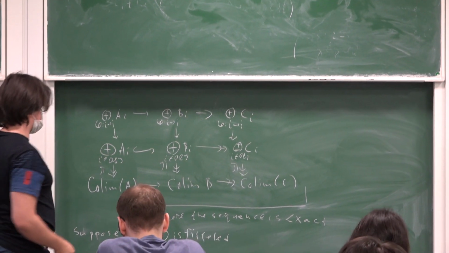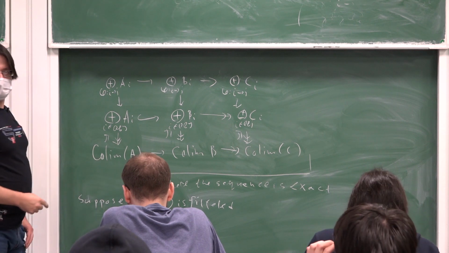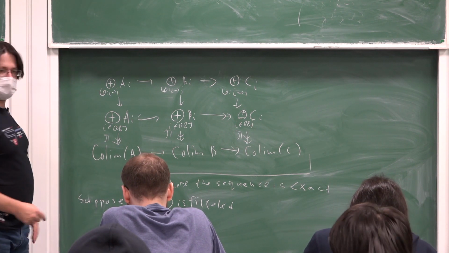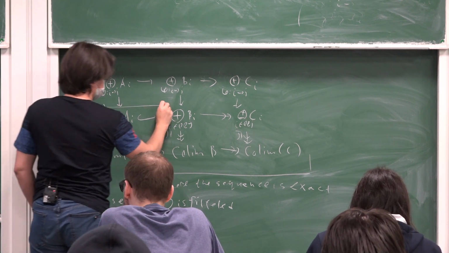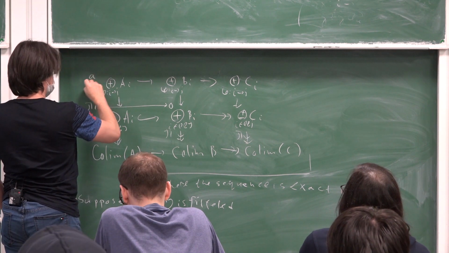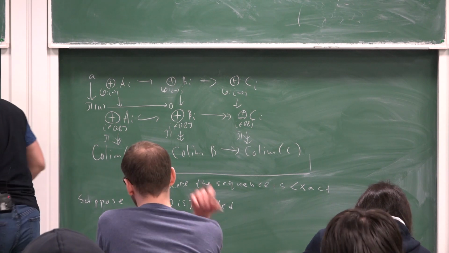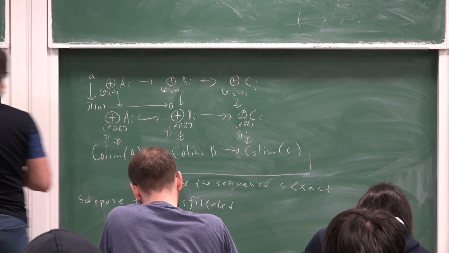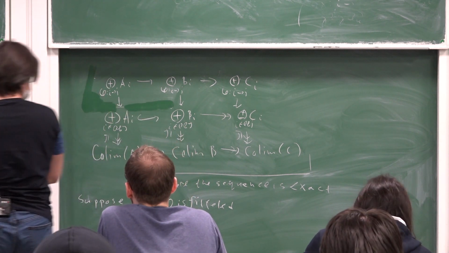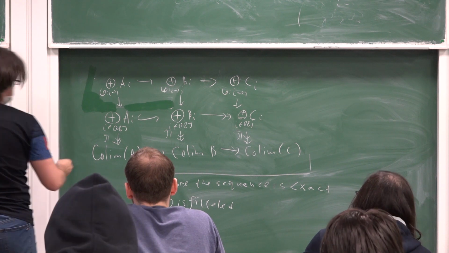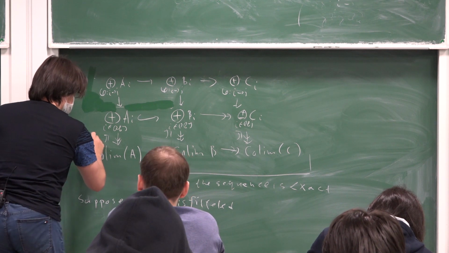Let us take some element here that goes to 0. This element by our lemma is pi of a. It comes from A, of course, sorry, not here, in the colimit. We have here A, pi of A, that goes to 0.